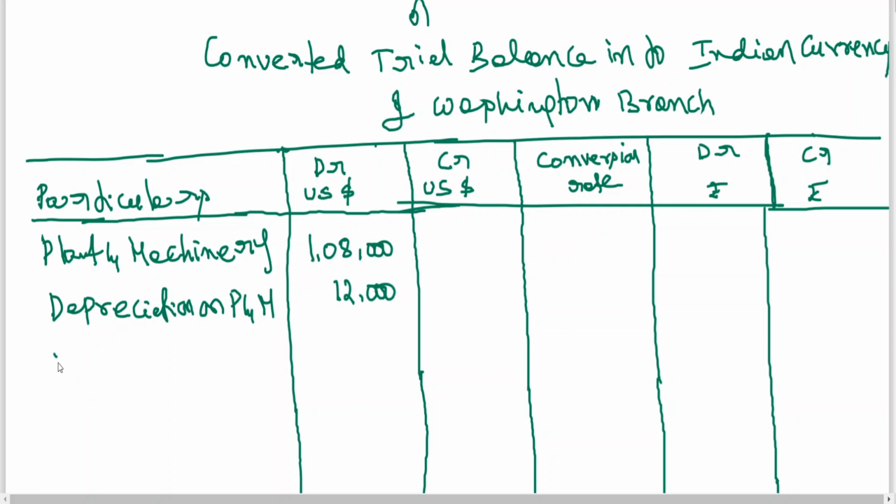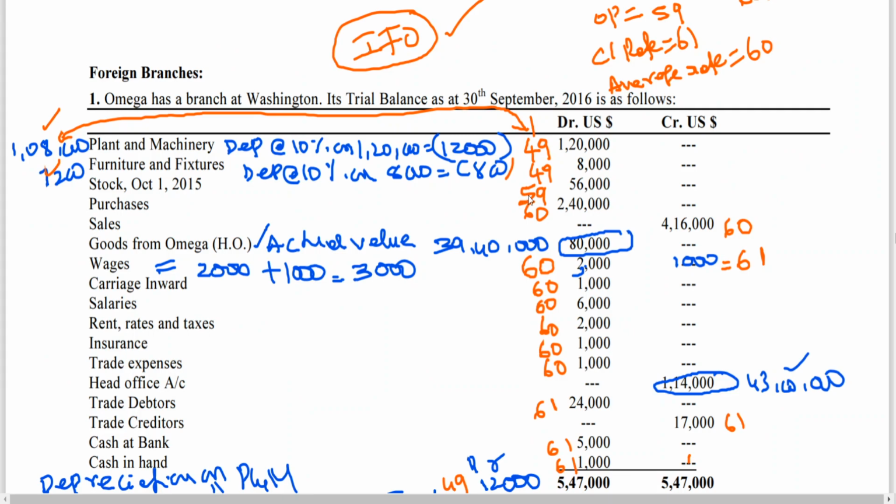Then furniture, it has been given as 8,000, but after depreciation 7,200.